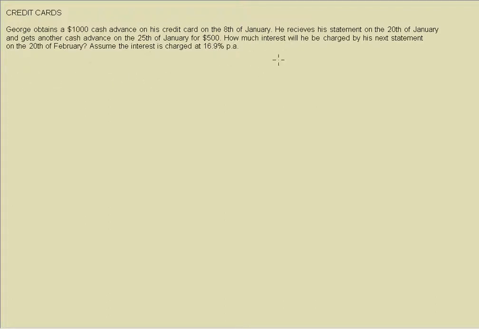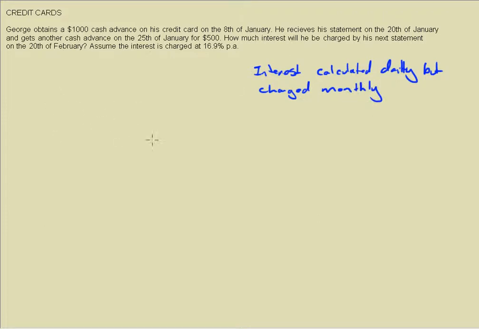So the first thing to remember about interest with credit cards is that interest is calculated daily, but it's charged monthly, which means that every day that goes by, it's looking at your balance and going, okay, this is this day's proportion of the yearly interest.